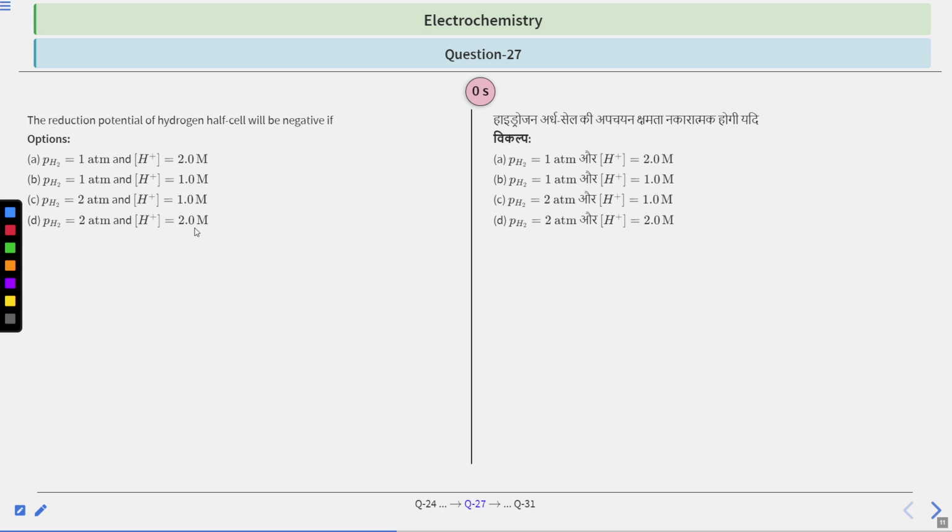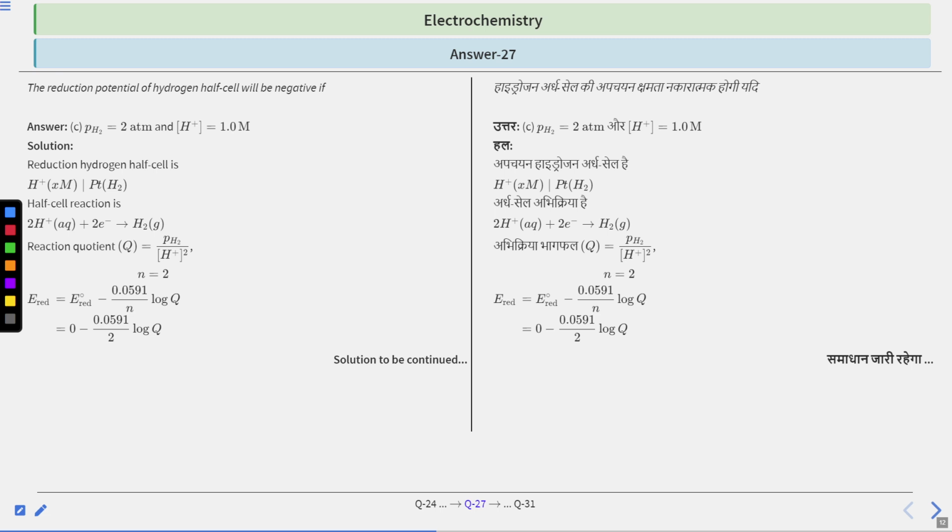Okay. So let's see the answer. So the correct answer is option C, that is pressure of H2 is equal to 2 atmosphere and the H positive concentration is 1 molar. So the hydrogen half cell is basically this: H positive at X molar concentration, platinum H2.